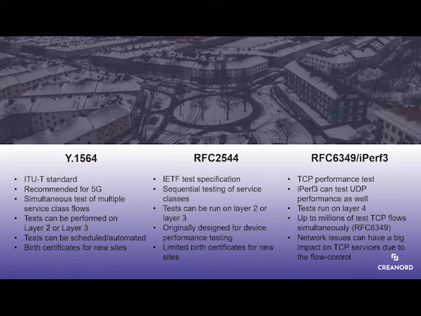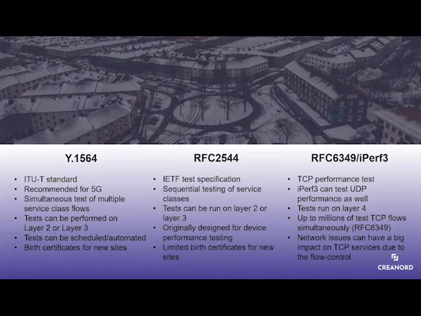Then the RFC 6349 and iPerf 3 can be used, once the basic network performance is validated, to also validate specifically TCP type of traffic. These tests run on layer 4, and you can simulate very large numbers of TCP flows, particularly with the RFC 6349.